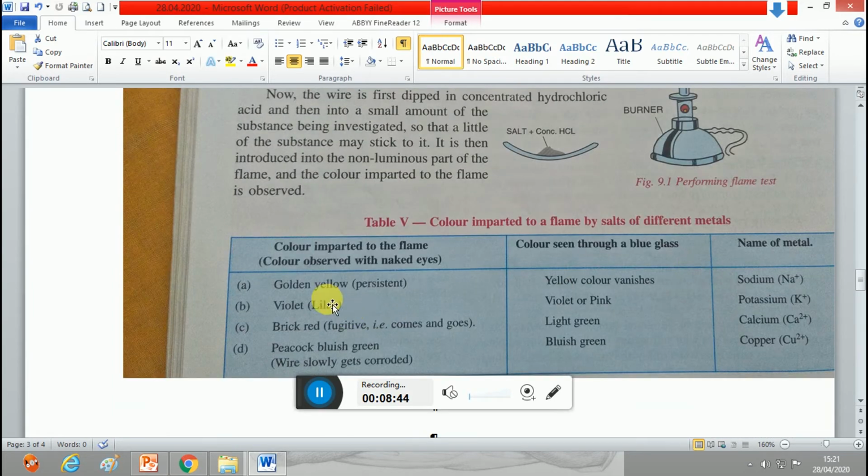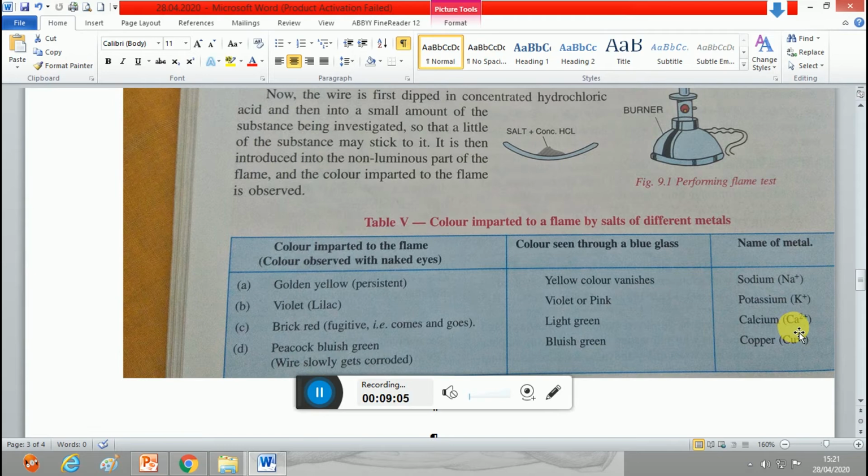According to the syllabus, there are four salts as per your council syllabus. Sodium will impart a golden yellow color flame. Potassium will produce a lilac or violet color flame.